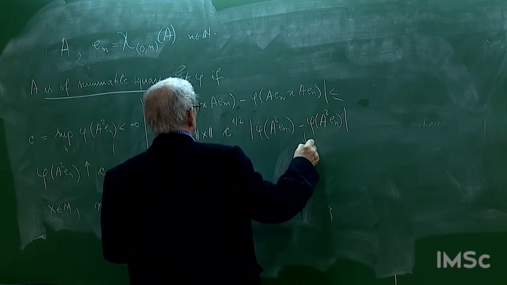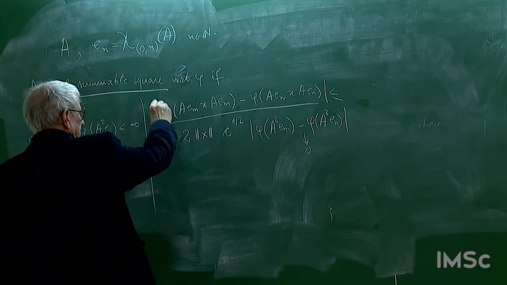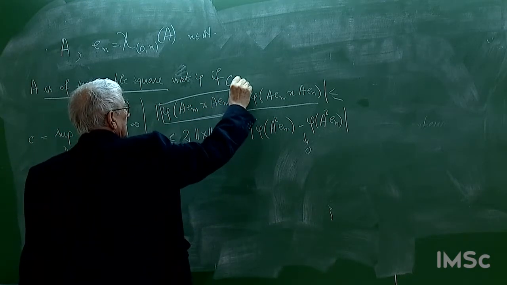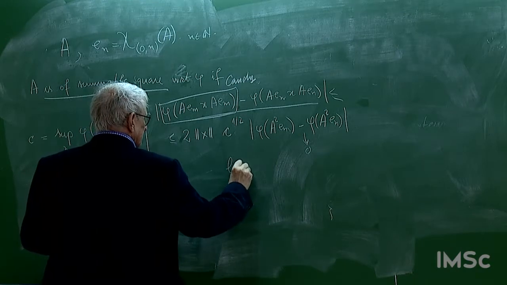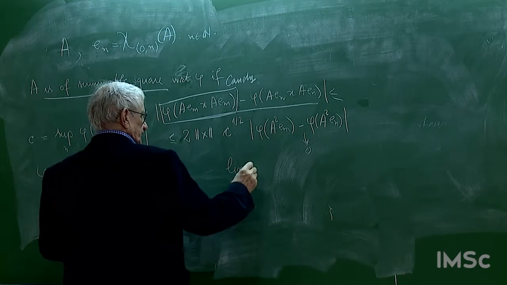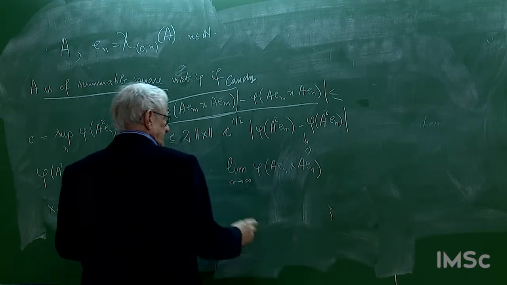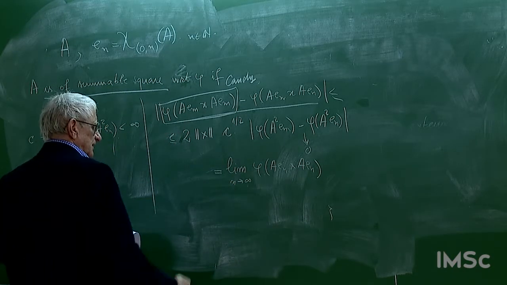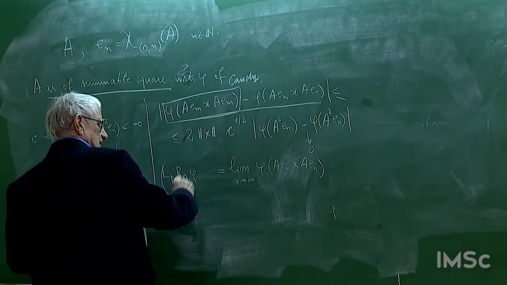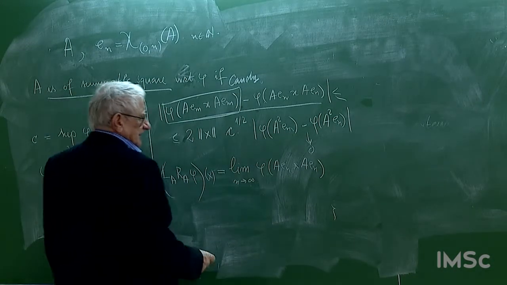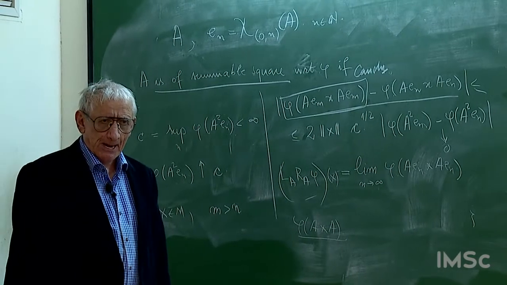So this converges to 0, so that this is a Cauchy sequence, and then the limit exists. The limit when n tends to infinity of phi of A E_n x A E_n exists and deserves a name, which I will put as L_A R_A of phi of x. Well, something like phi of AxA is this thing here. Okay.